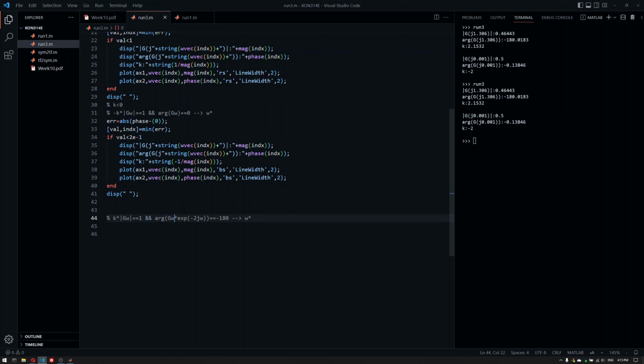Therefore, it has an effect on the argument. And we're going to add to the argument of this here. And the argument of e to the power of minus 2j omega is minus 2 omega. Minus 2 times omega. But of course, be careful because this 2 omega is actually in radians.